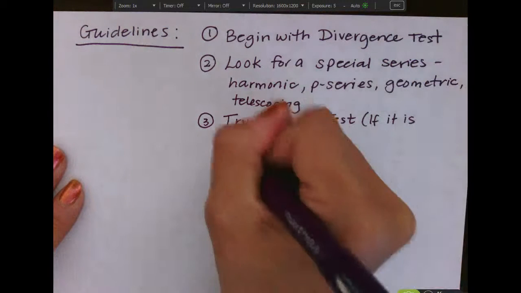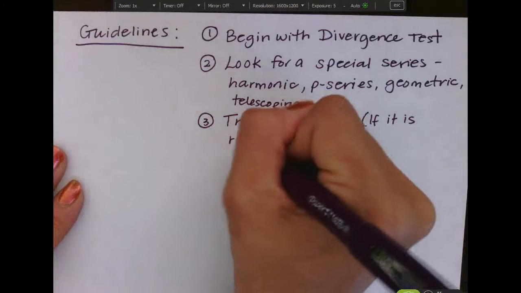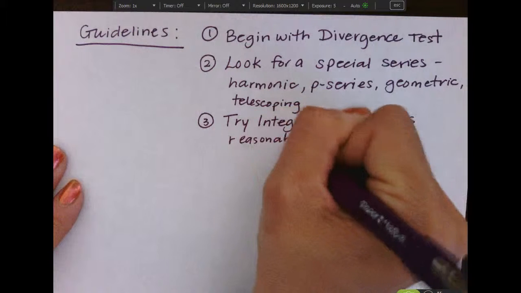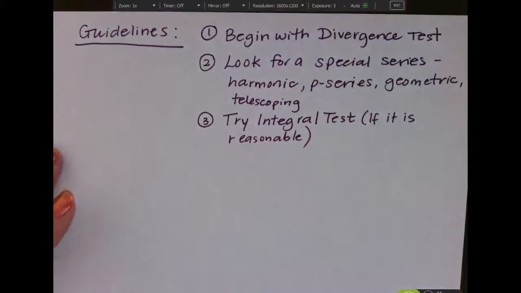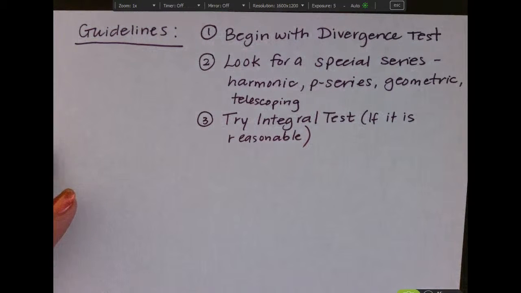And what I'm going to say about that is that you're going to try the integral test if it's reasonable. And remember, with the integral test, there are several conditions that you have to meet before you can use it. You have to make sure that the series that you're working with is based on a function that is positive, decreasing, and continuous.